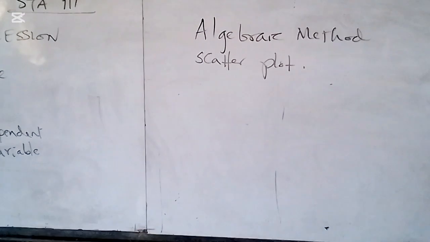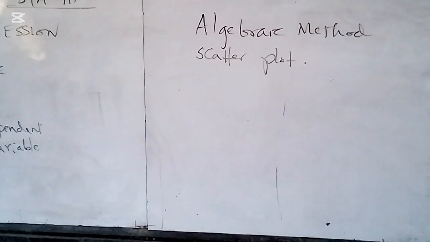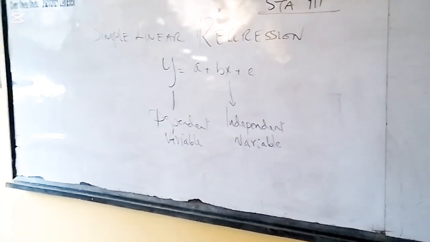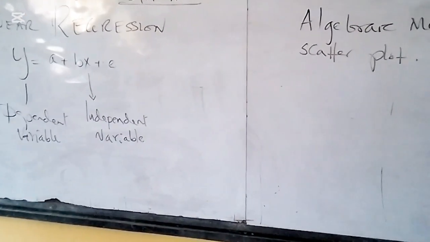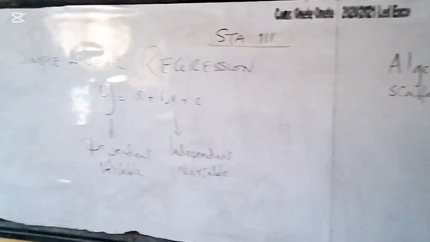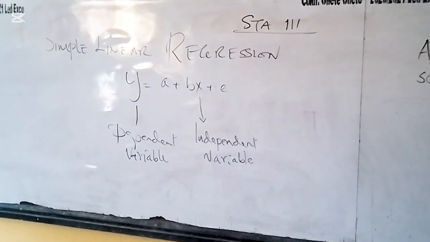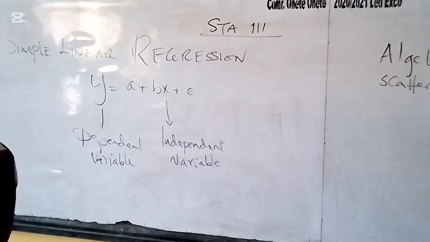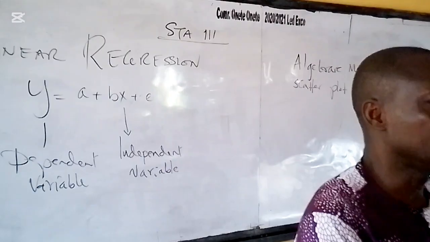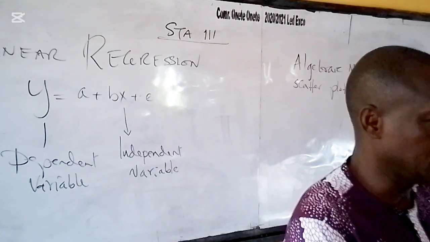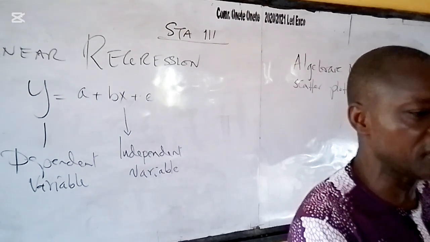Some of these ones we are going to better explain using examples. Now let me formally define simple linear regression. Simple linear regression is defined as the relationship between two variables expressed in mathematical form. It is called linear in the sense that it represents a straight line.